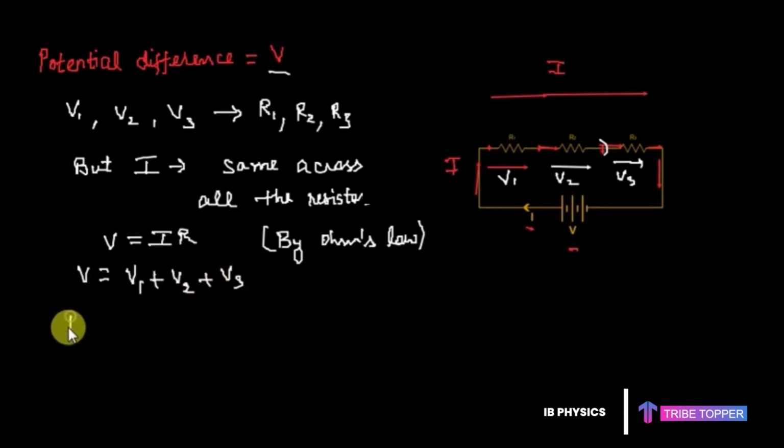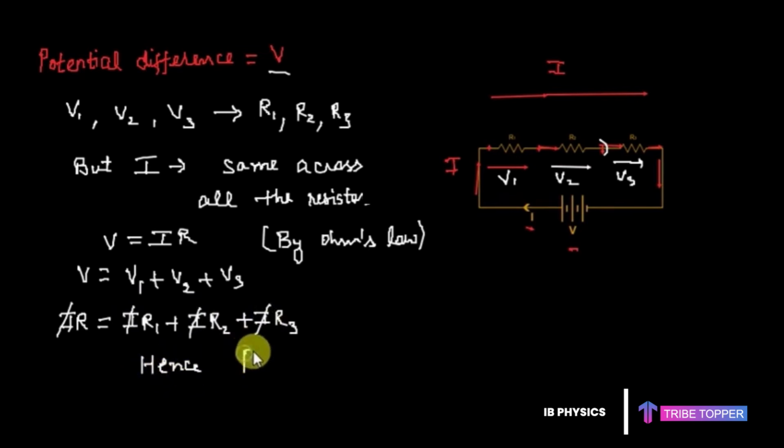Now V is IR, but V1, V2, V3 would be IR1 plus IR2 plus IR3. That means the current flowing through each of them is the same, but R1, R2, R3 are different, so I would cancel out, as it's common. Hence we get the net resistance, or equivalent resistance, of a series combination, which is the sum of the resistances that are connected.